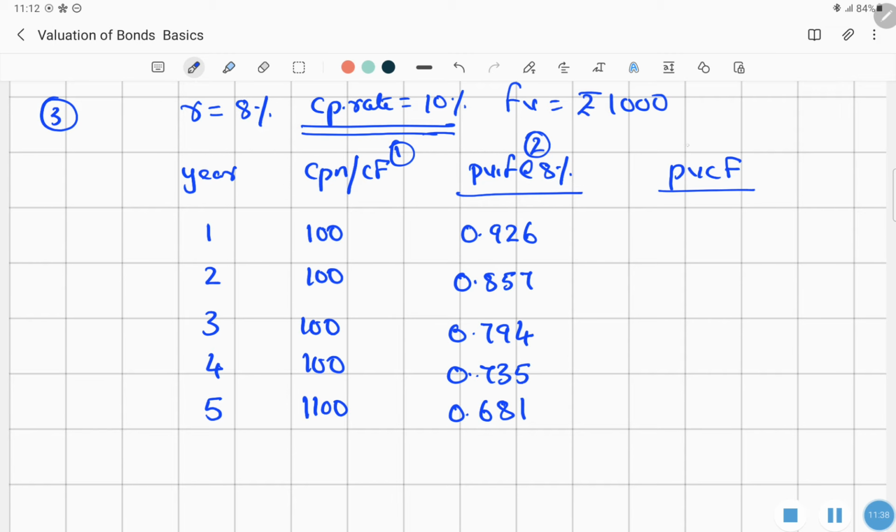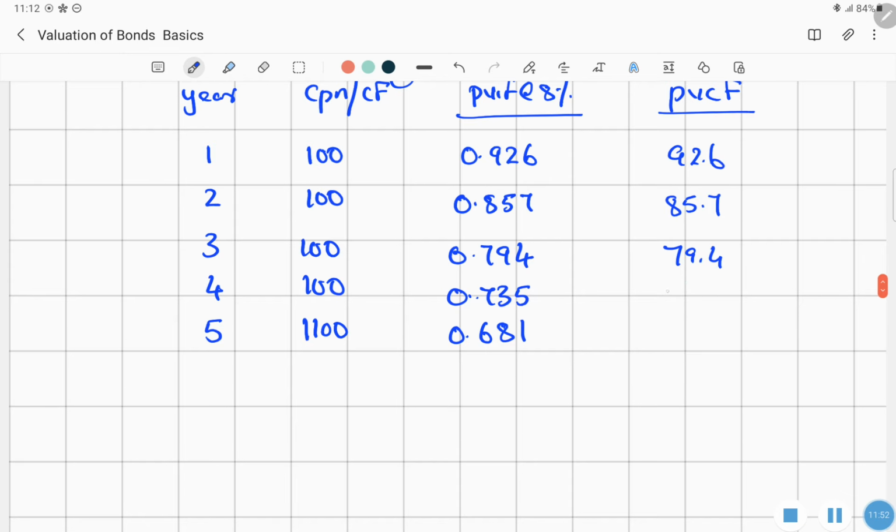So 1 into 2, so it will be 92.6, 85.7, 79.4, then we have 73.5, and here we are getting the interest amount and the maturity value back.